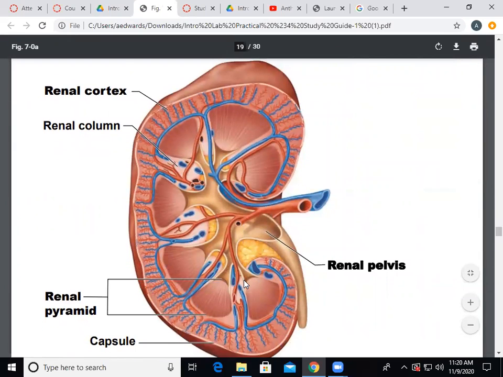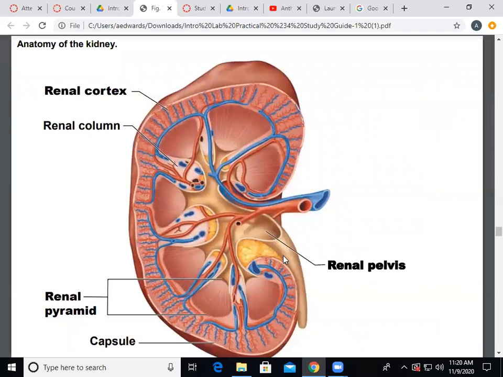Now, the structure of the kidney, inside what you need to know. Essentially the outer layer or more superficial layer of the kidney is the renal cortex.